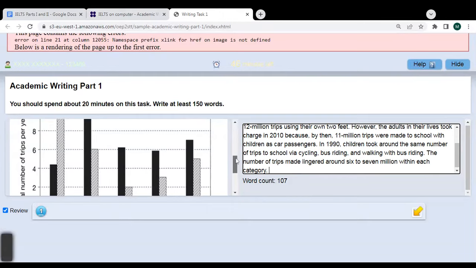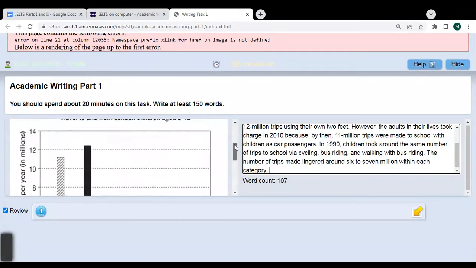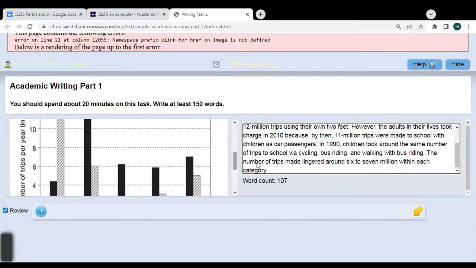And then basically, it was walking, bus, and car passenger really was the top.